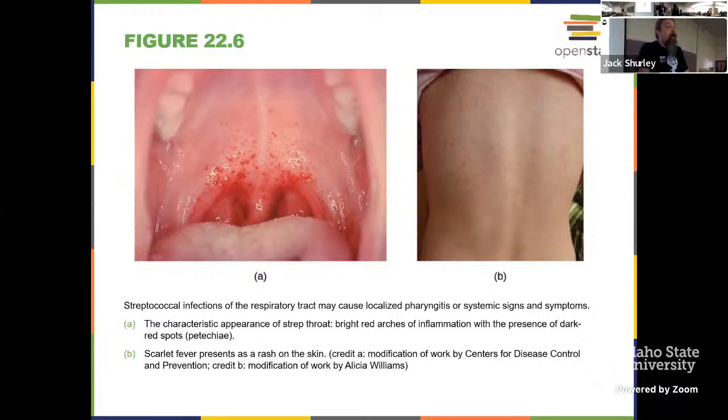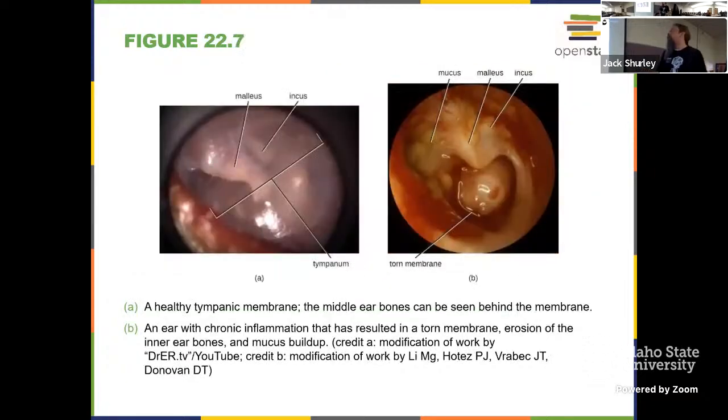But there are potentials where it can take over and cause issues. With that said, if you've got it as kind of normal flora, no issues, we would say you are a carrier or a potential carrier, or you have that opportunity to possibly spread that to someone else, all right?